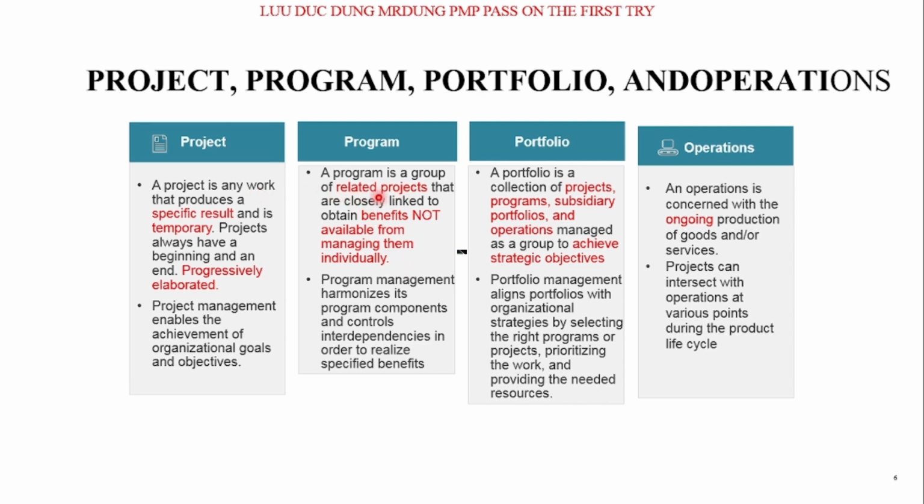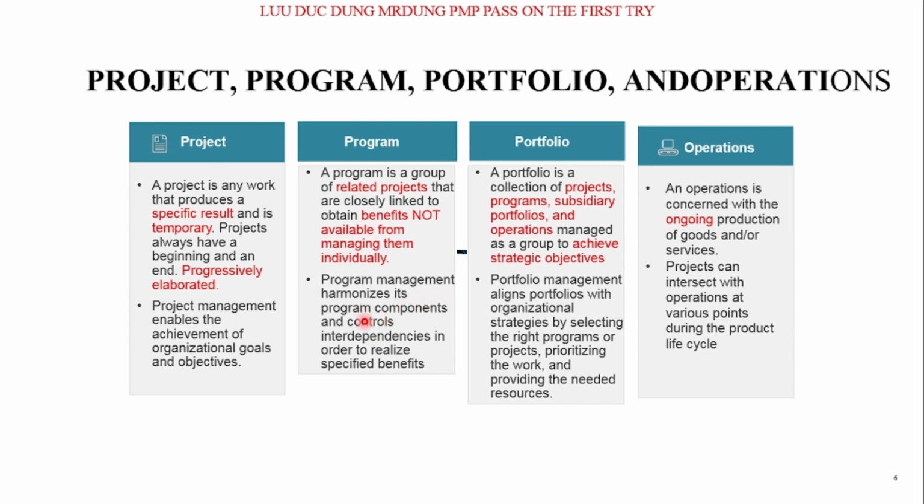So a group of related projects is a program. We have a program manager higher than the project manager, and the program manager manages many project managers. The project manager has to report to the program manager.